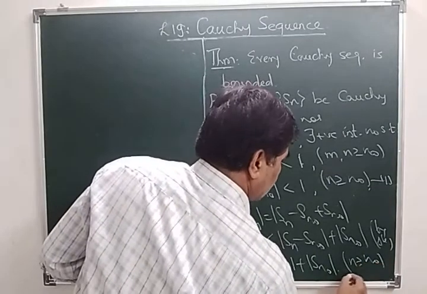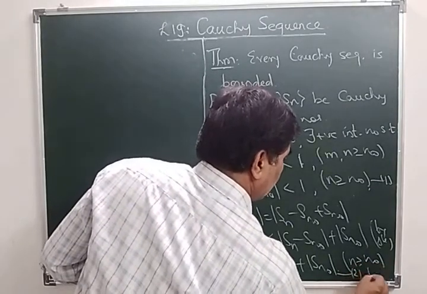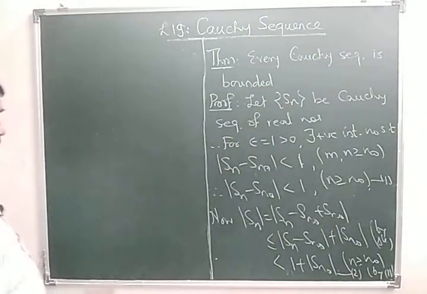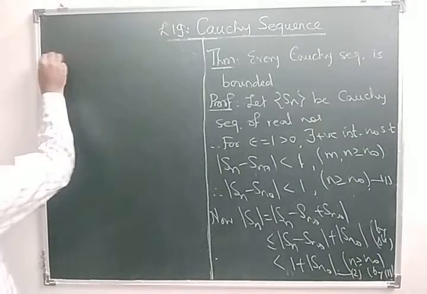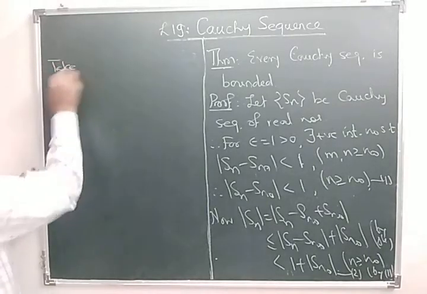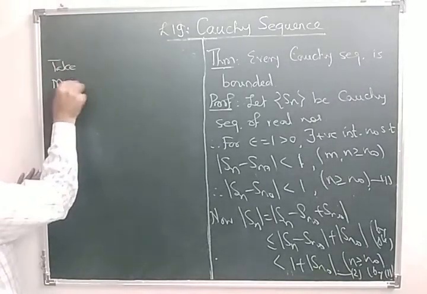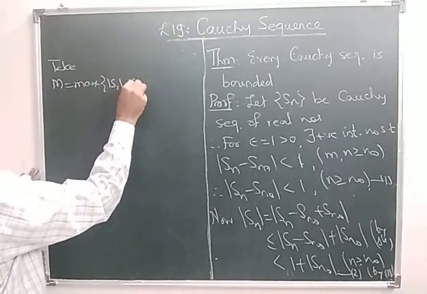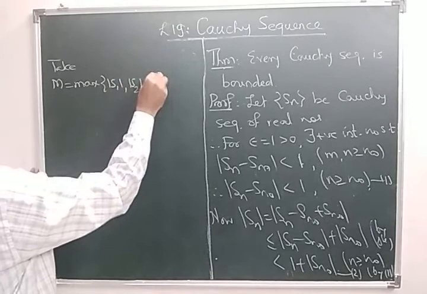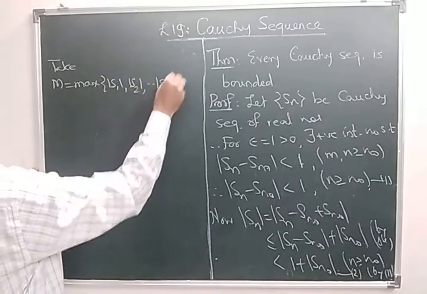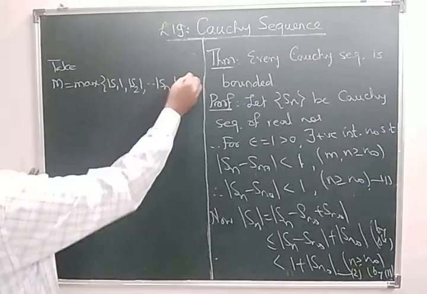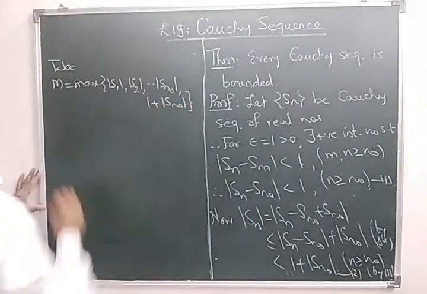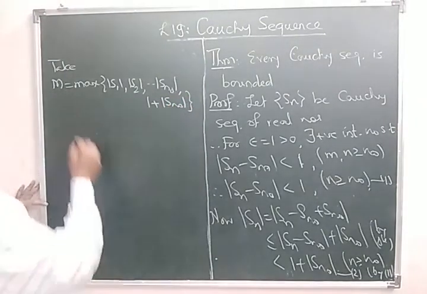This is 2. Now take M equal to the maximum of mod S1, mod S2, and so on up to mod Sn naught, and 1 plus mod Sn naught.